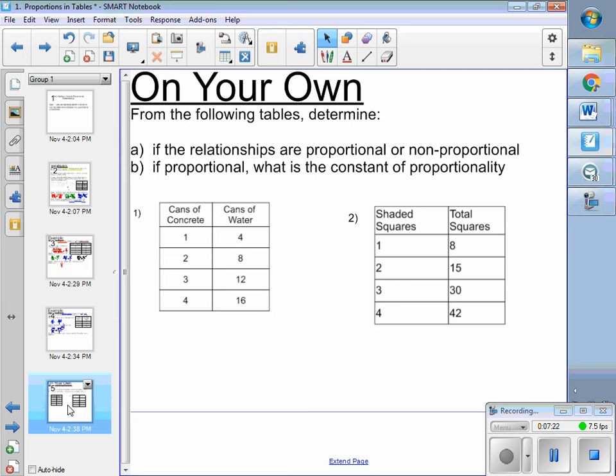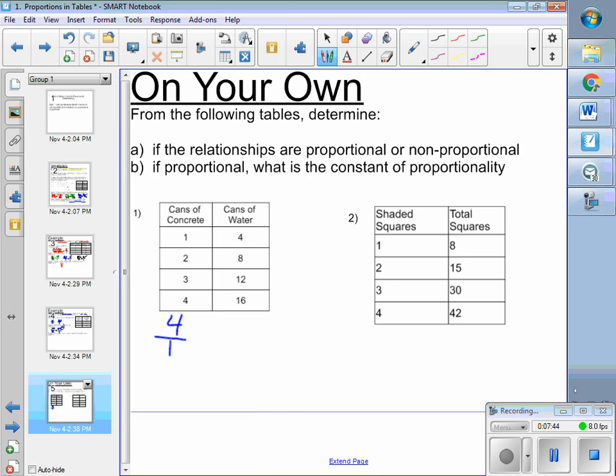Okay, so from these two tables, we're going to determine if the relationships are proportional or non-proportional. And if they are proportional, what is the constant of proportionality? So let's look at the cans of water to the concrete. We always look at this as 4 over 1.